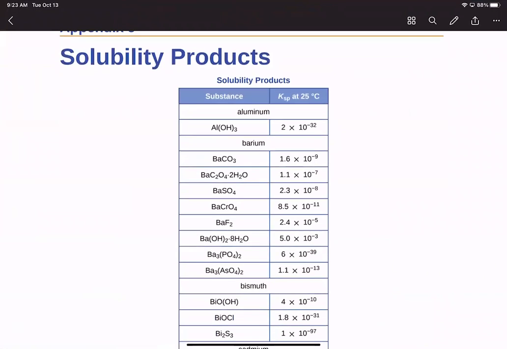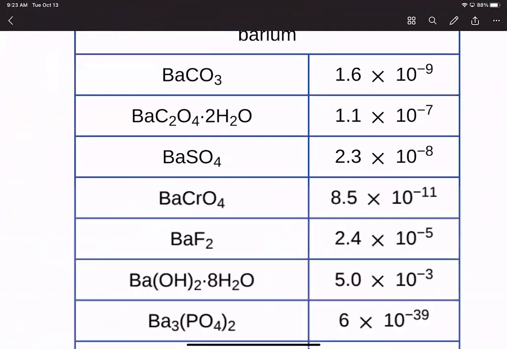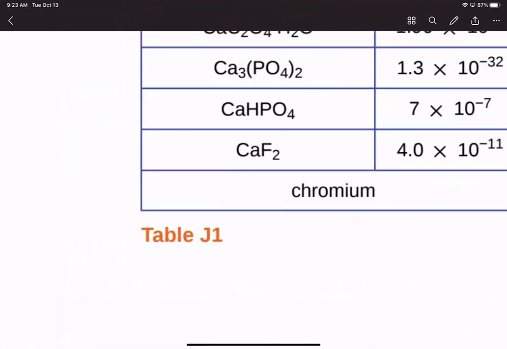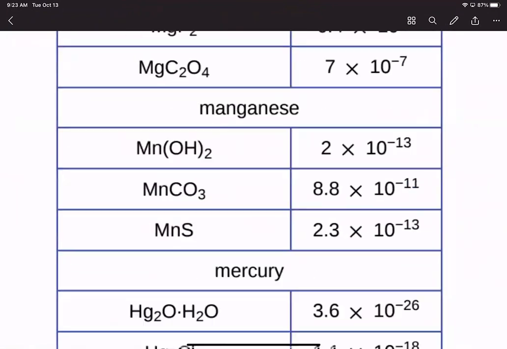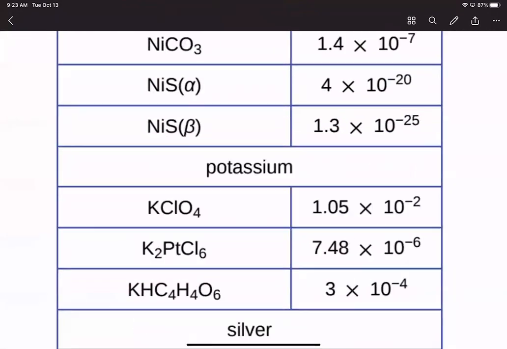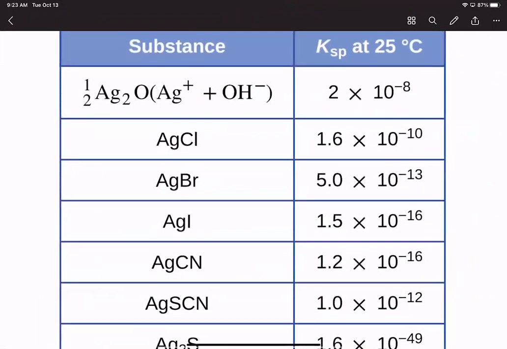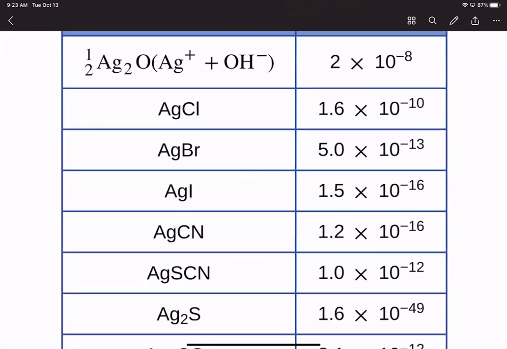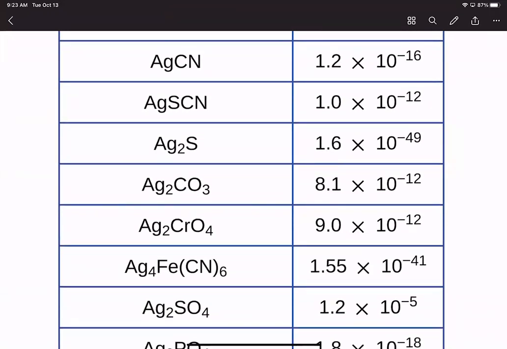Here you'll see all the solubility KSP values. Let's go to the KSP and find silver, again in Appendix J. Here's silver, and we need silver chromate. There it is, Ag2CrO4.